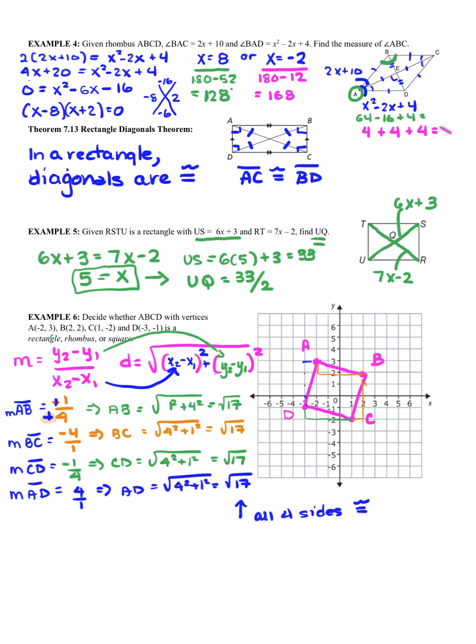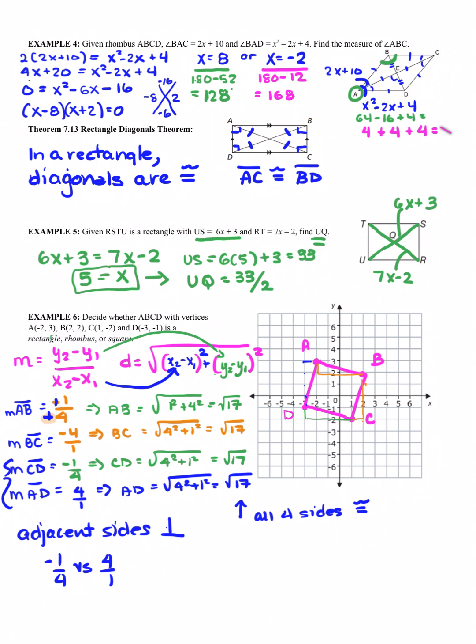I know that opposite sides are parallel, but even more importantly, adjacent sides. So if I look at adjacent sides, I get negative 1/4 versus 4 over 1. The product of those two would equal negative 1. So I know that the adjacent sides are perpendicular.